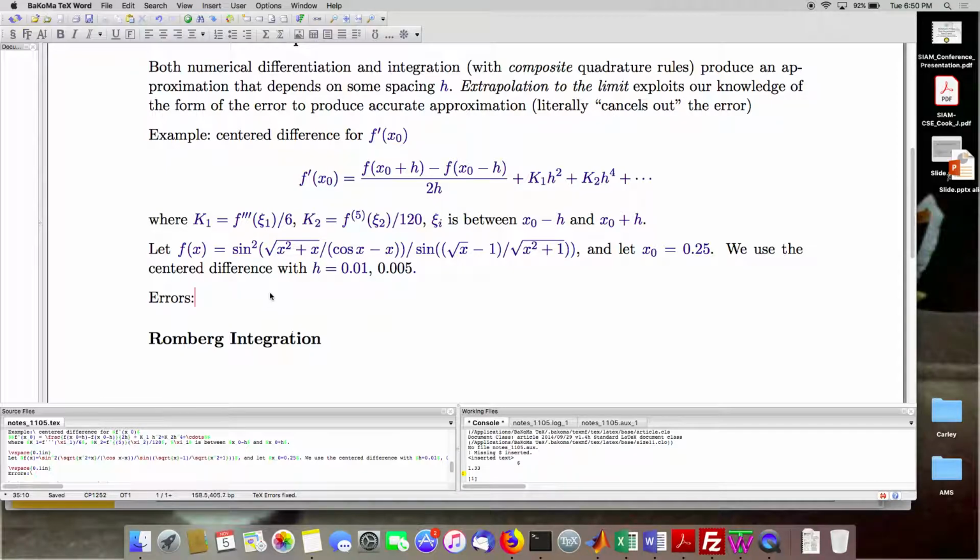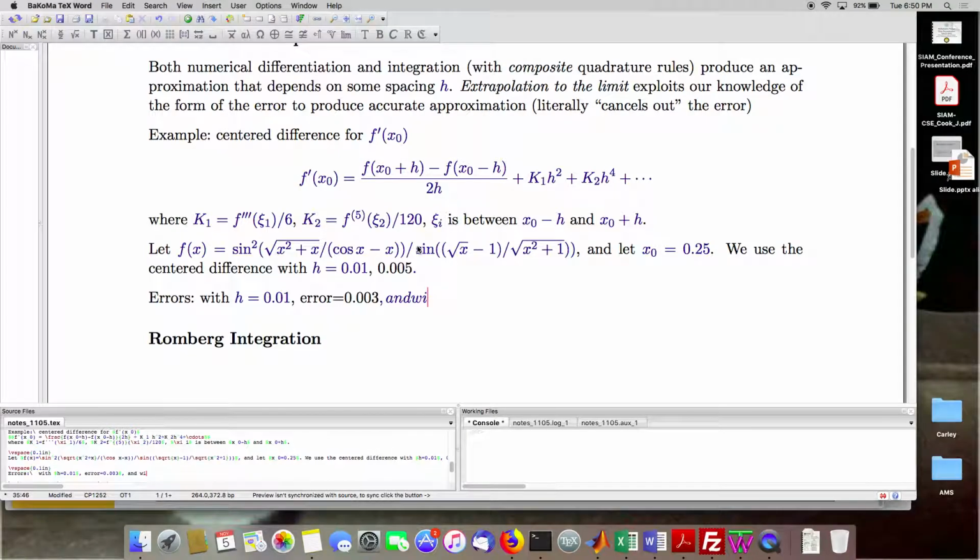So the error with h equals 0.01, and this is the absolute error, is 0.003.